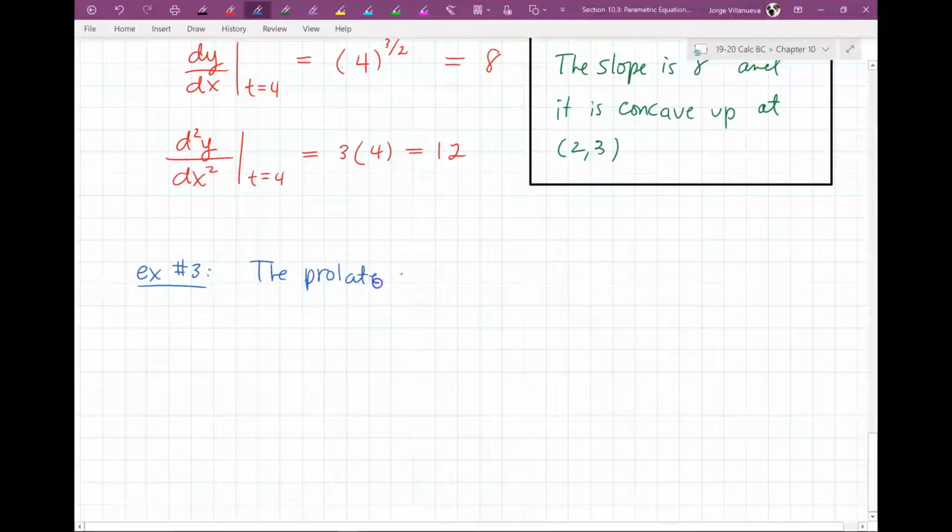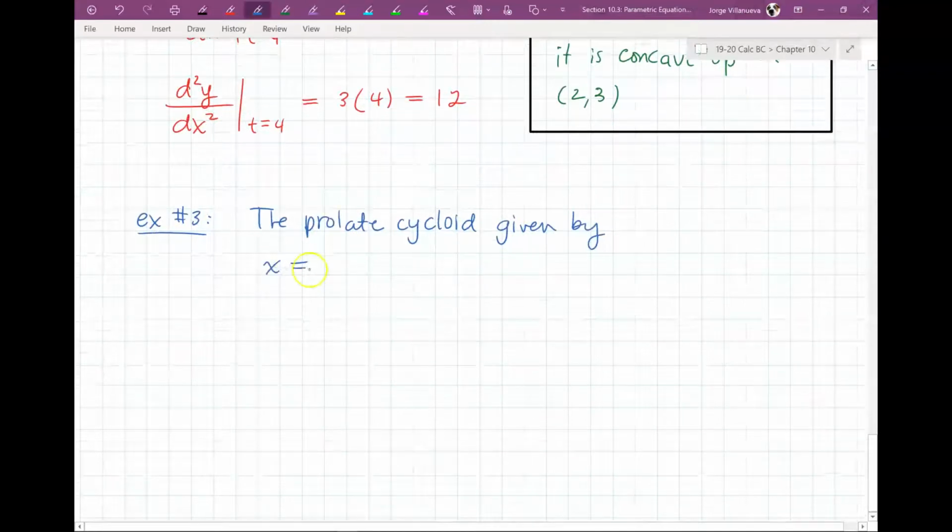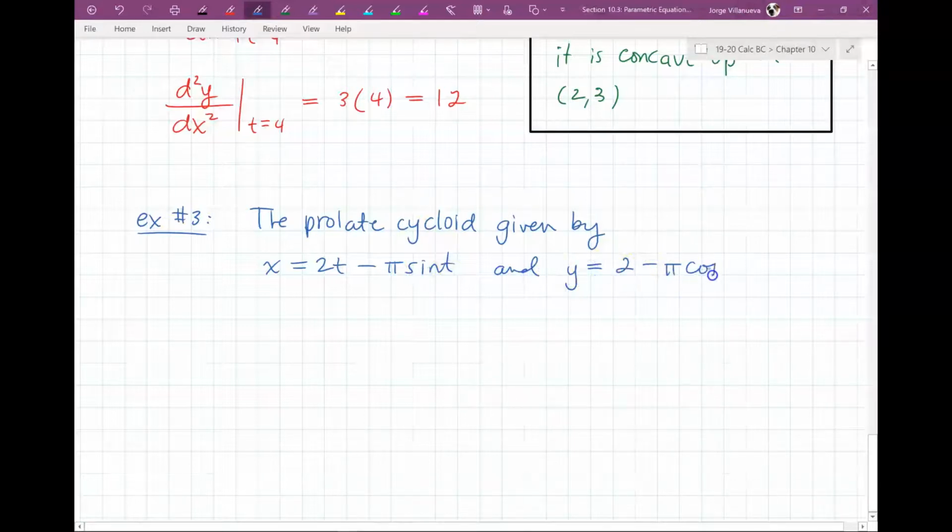The prolate cycloid given by x equals 2t minus pi sine t and y equals 2 minus pi cosine t crosses itself at (0, 2).